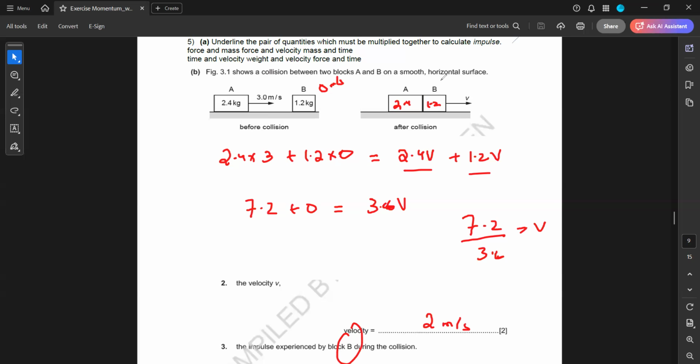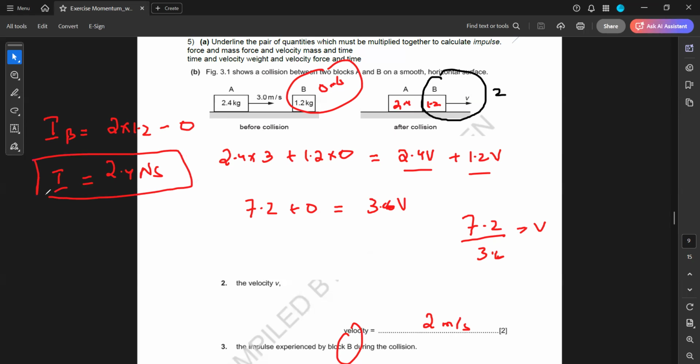The mass of B is 1.2 and V we already worked out, which is 2. So if we need the impulse of B, it's the final momentum, which is 2 multiplied by 1.2, minus the initial momentum. B was stationary, so it was at rest, and the initial momentum is 0. So 2 times 1.2, what did we get? We got 2.4, and the unit is newton second.